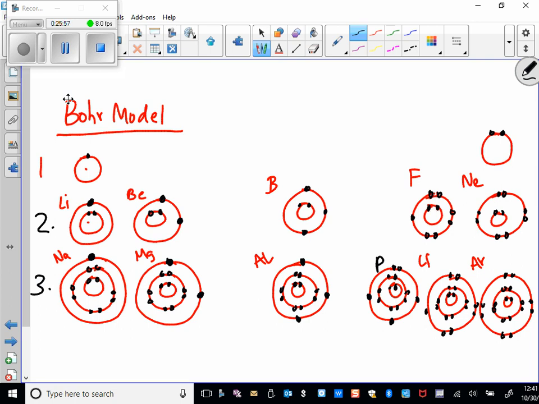Okay, if you're interested in the why of it, I'll explain that to you. At the first energy level, it's only 1s2. So what's the maximum number of electrons that can go in? 2. At the second energy level, it's 2s2, 2p6. What is the maximum number of electrons that can go in? 8.